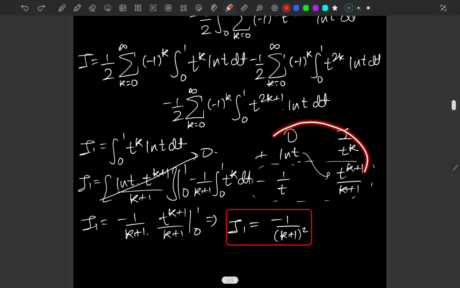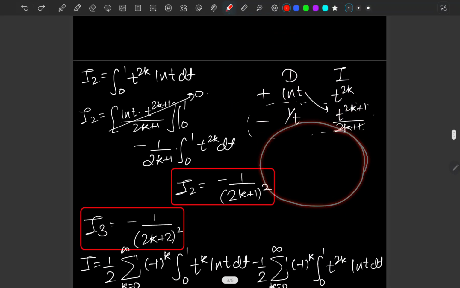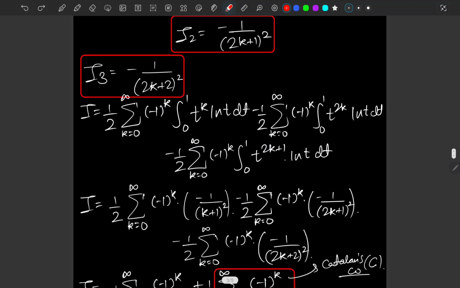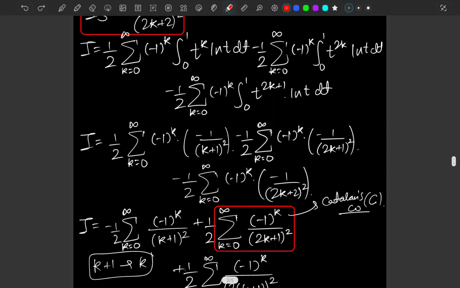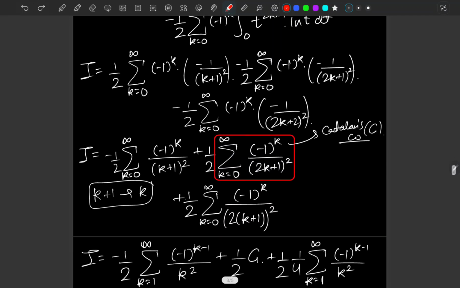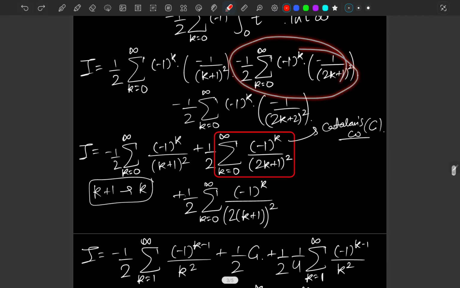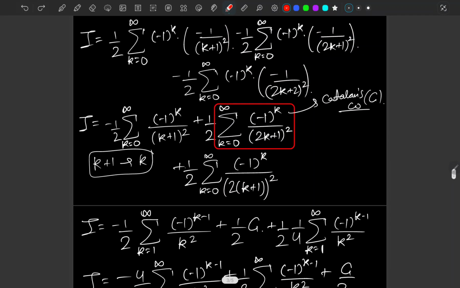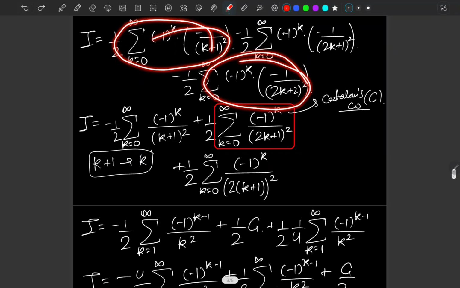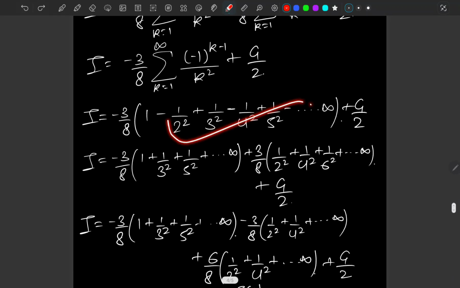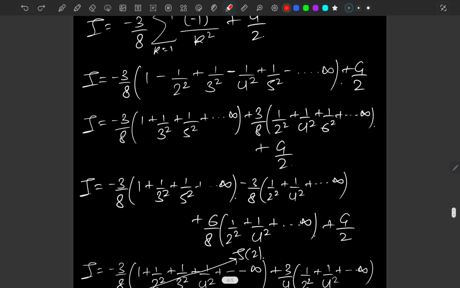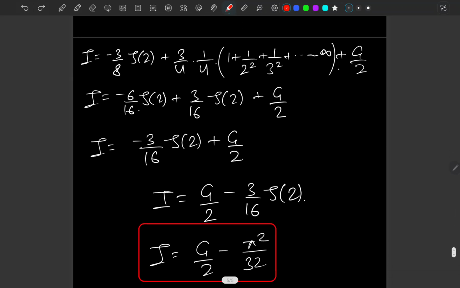That can be done easily. And then we plugged the results in, and this was the Catalan's constant, actually half times Catalan's constant. And then we solved this one, and we did manipulations and a lot of things in order to get our final result.